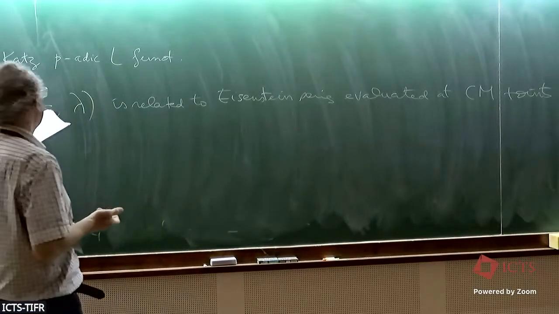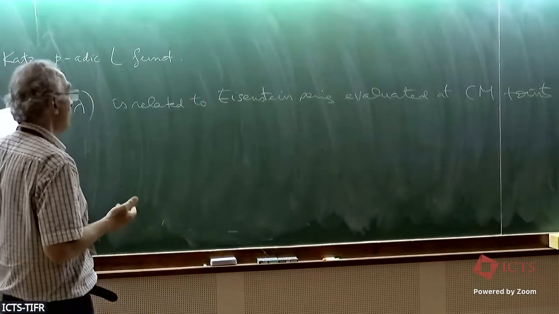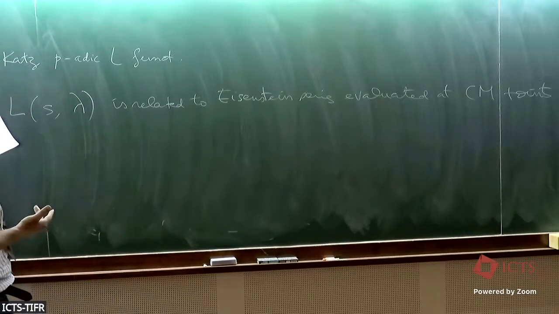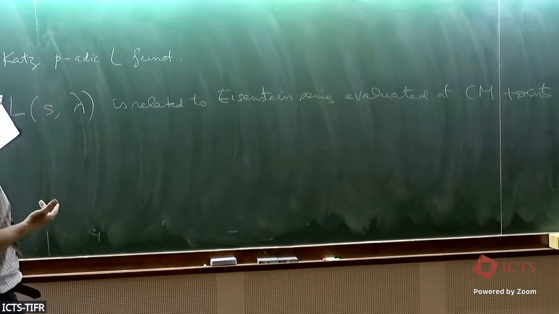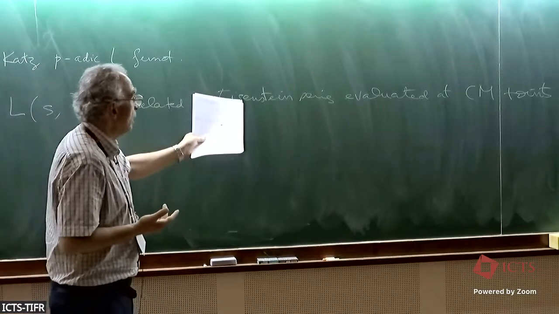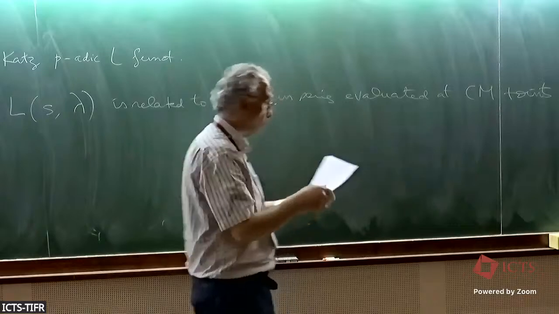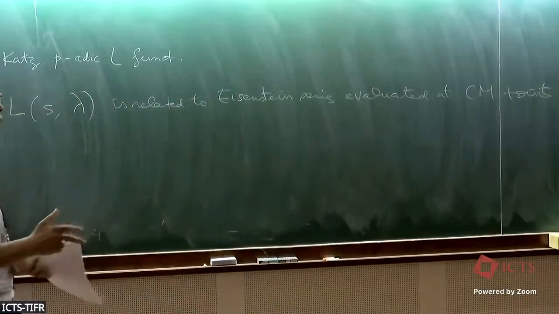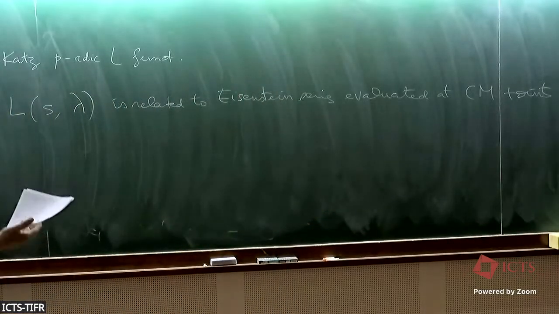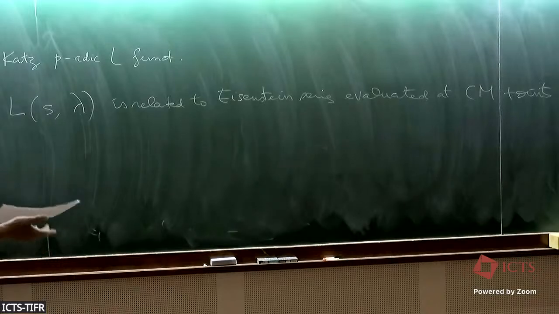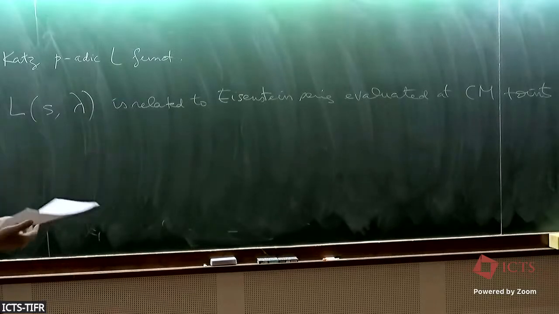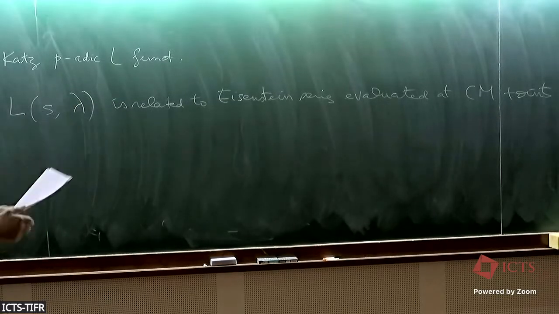But then the measure associated to this, the p-adic measure we are looking for, will just be a finite linear combination of Eisenstein measures evaluated at CM points. So as usual, when you want to construct a p-adic object, you look carefully at the Archimedean construction and you try to imitate it p-adically. So this sentence is what you need to imitate p-adically.